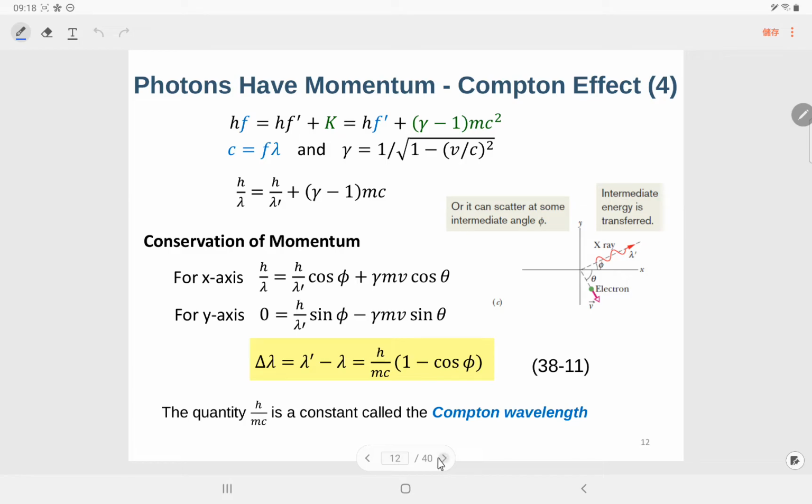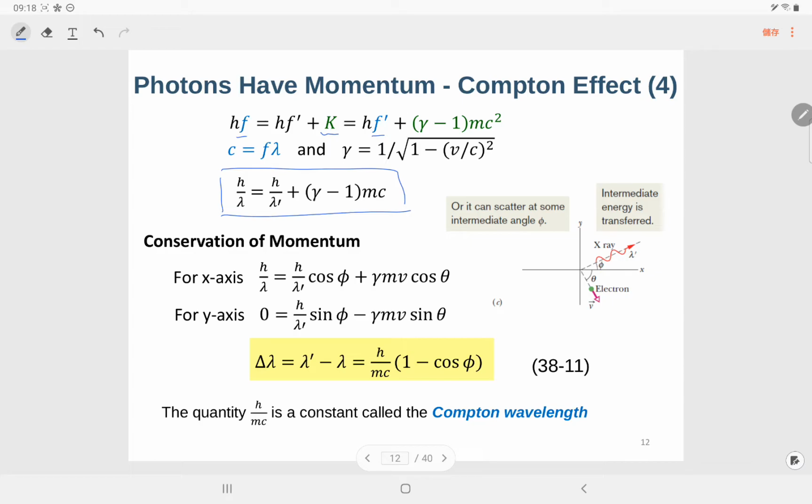So actually, we can make some variable substitution. And according to the last chapter, the relativity, we know that the kinetic energy is gamma minus 1 multiplied by mc square, and we can derive an equation like this. h over lambda, because c is f lambda, so we can eliminate f and f prime by substituting f equals c over lambda and f prime equals c over lambda prime.